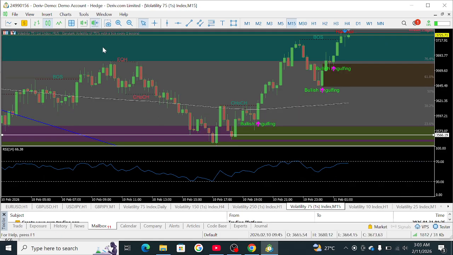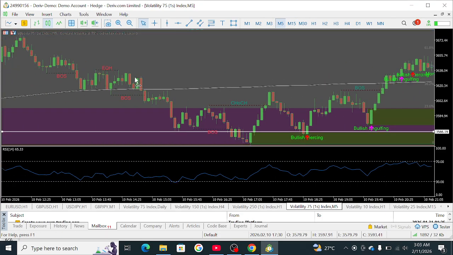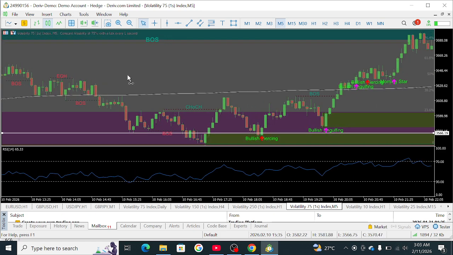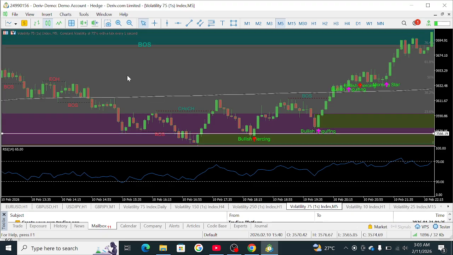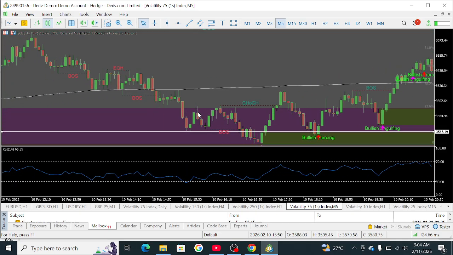So on the 15-minute time frame, this is where I made the market yesterday. After it dropped this second candle, I wanted to drop the signal, but I was so tired. I couldn't stay awake to monitor the trade.